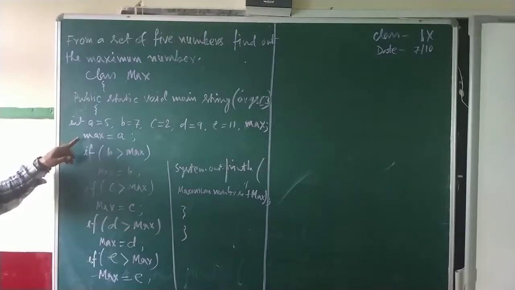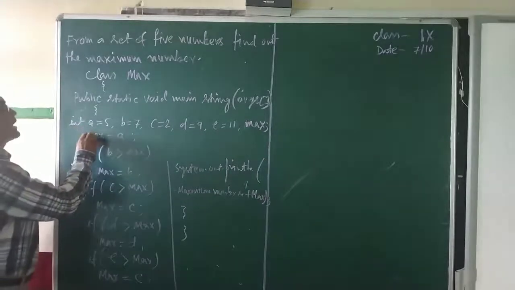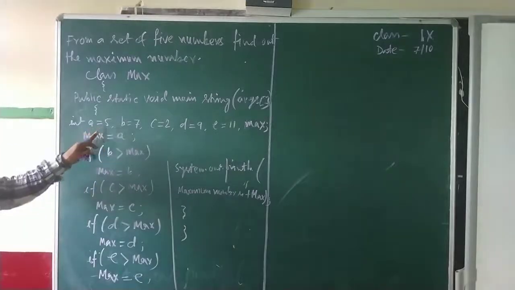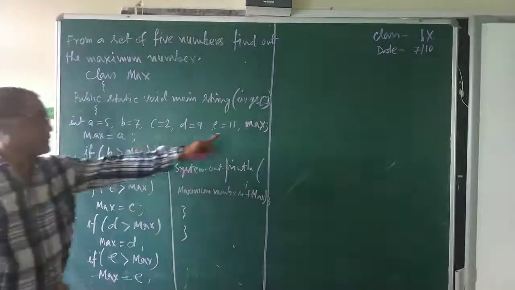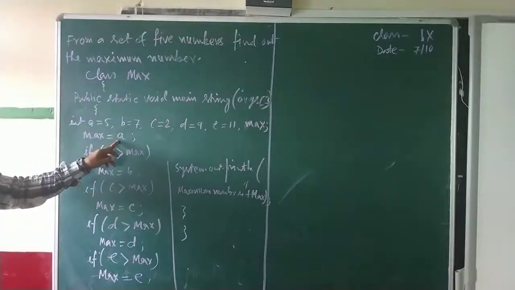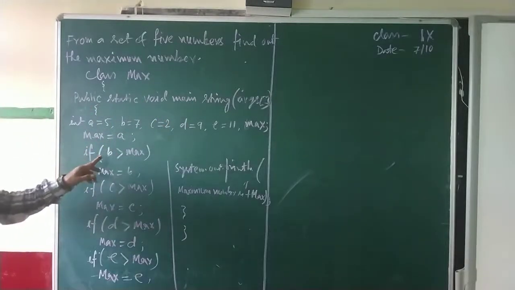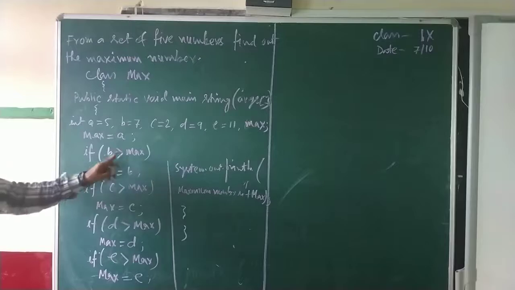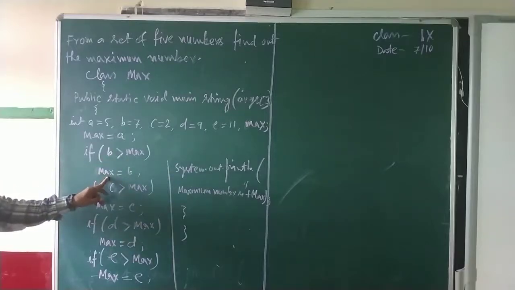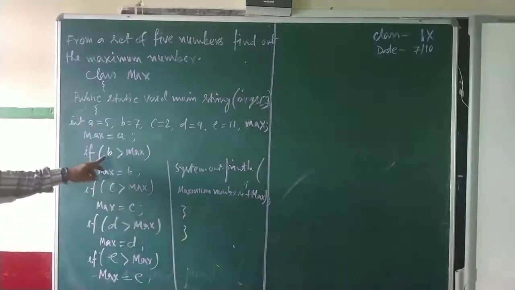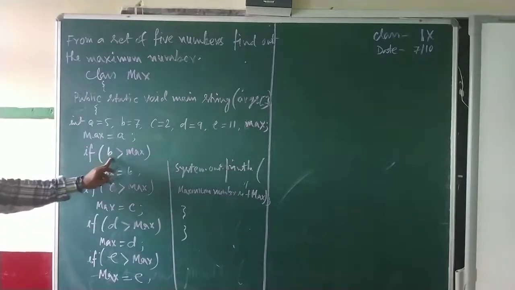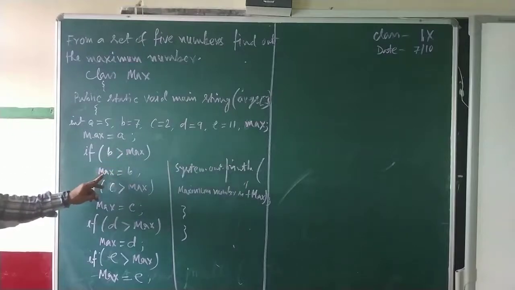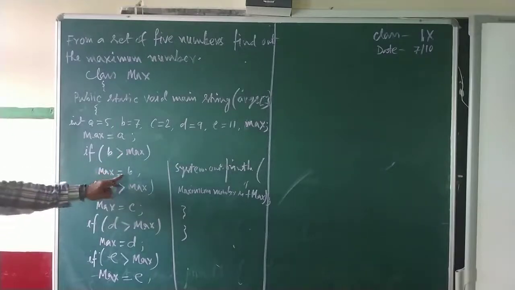First, max will take the value of A. So I write max equal to A. Initially max had no value, now max is taking the value of A. Now I take if B greater than max. Max means A, so if B is greater than A, then max will take the value of B.